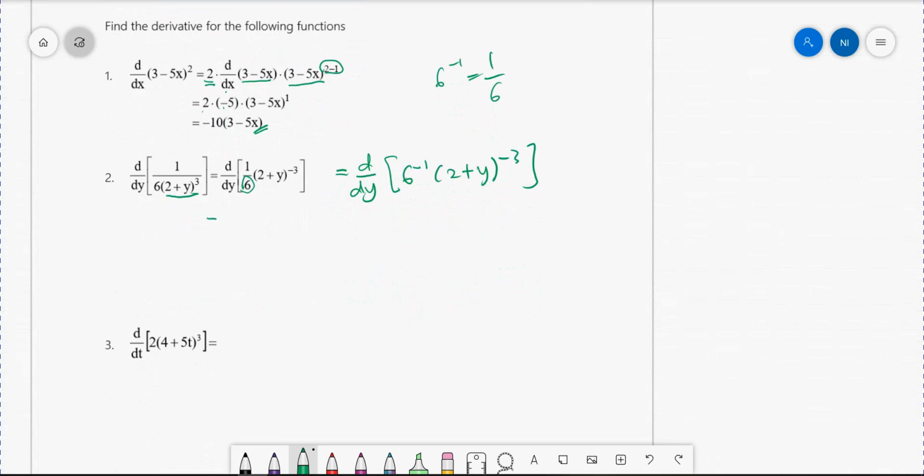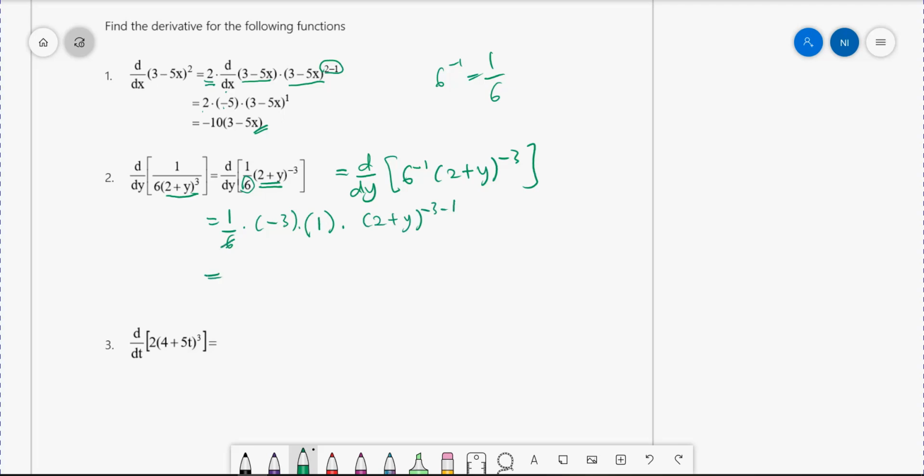So differentiate. 1 over 6 is the constant, times the power negative 3. Differentiate inside the bracket. Differentiate 2 is 0. Differentiate y is 1. And then rewrite the function back, (2 plus y) to the power of negative 3 minus 1.